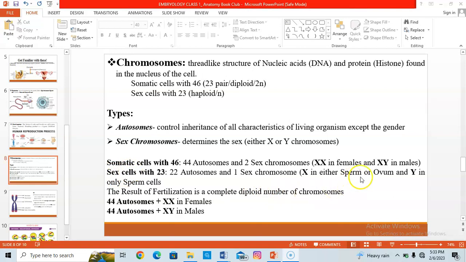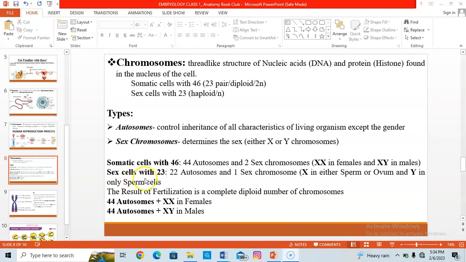If it's a sperm cell, it's going to have either an X or a Y chromosome and 22 autosomes. The X chromosome is found either in the sperm cell or in the ovum, while the Y sex chromosome is found only in the sperm cells, alright?